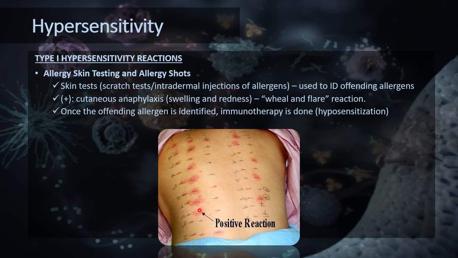This swelling and redness is often referred to as the wheal and flare reaction. Once the offending antigen is identified, immunotherapy, which is hyposensitization, is done by injecting small doses of allergen several days apart to produce IgG rather than IgE.